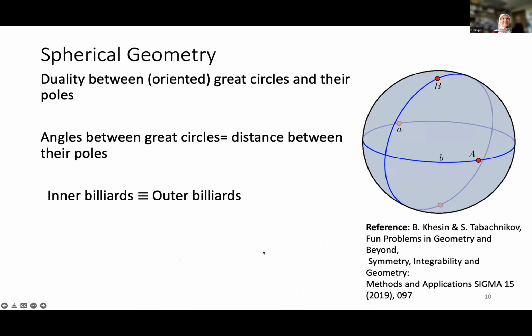In the spherical geometry, since angles, great circles, and distances between their poles are equivalent, and also by the Gauss-Bonnet theorem, you have the equivalence of inner billiards and outer billiards. In that case they use this equivalence as a duality.